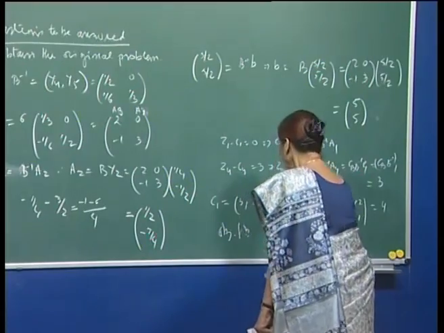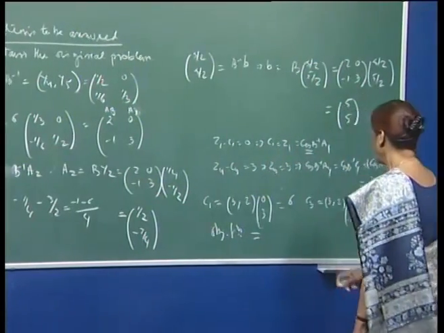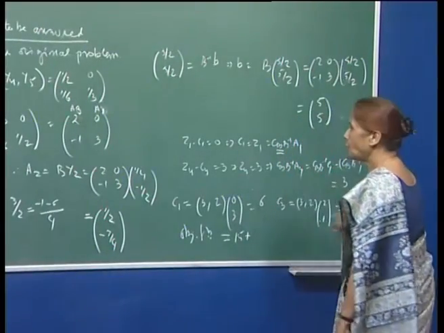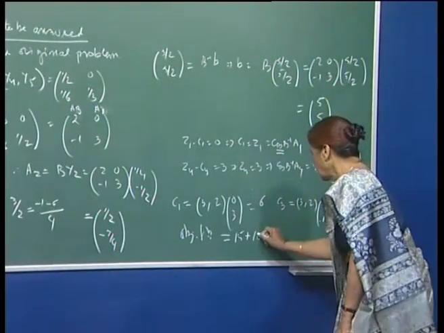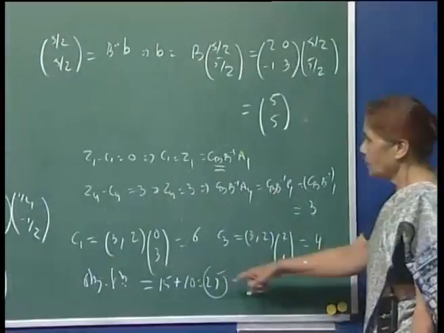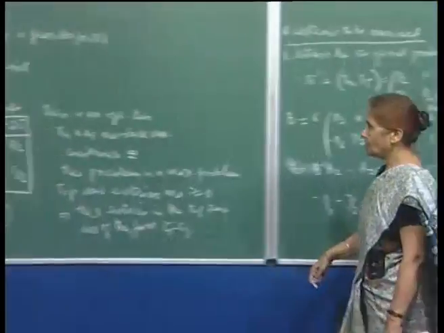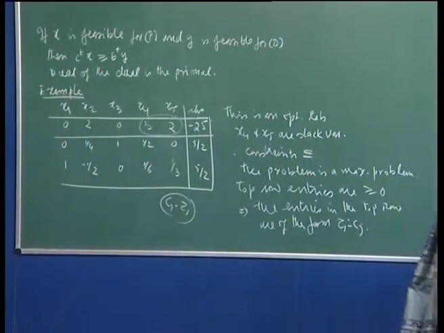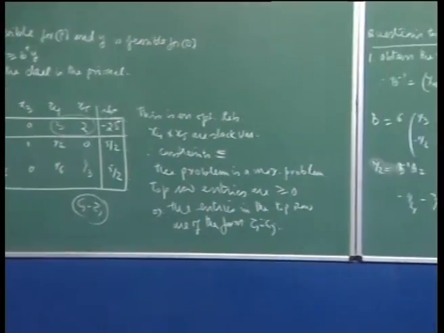It is 6 times 5 by 2, which is 15, plus 4 times 5 by 2, which is 10, so 25. So my calculations are okay, because the number here is minus 25, which is the negative of the objective function value.